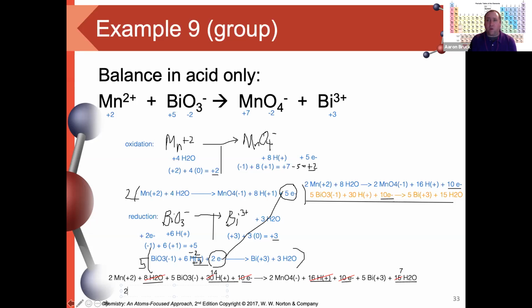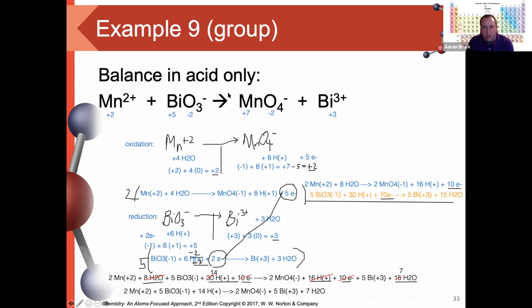the final equation in acid is 2 manganese 2 plus ions, 5 bismuthate ions, plus 14 hydrogen ions make 2 permanganate ions, 5 bismuth 3 plus ions, and 7 waters.